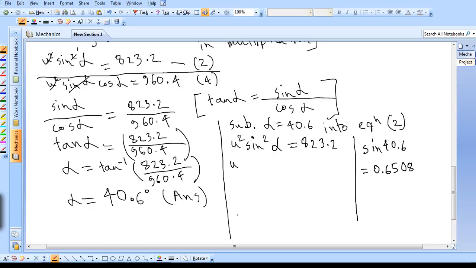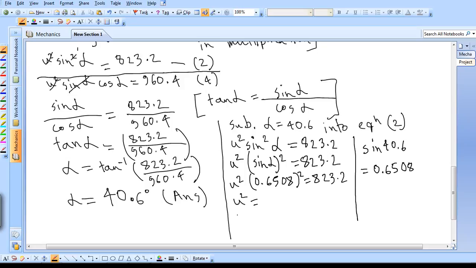So let us keep it as u square and substitute this value, since sine alpha whole square, u square into 0.6508 whole square is equals to 823.2.